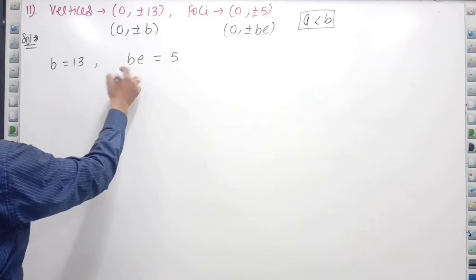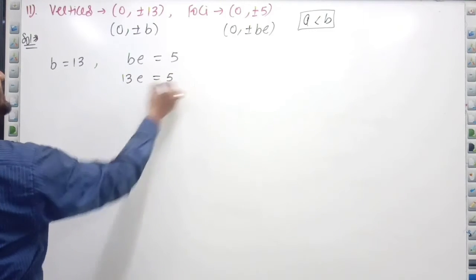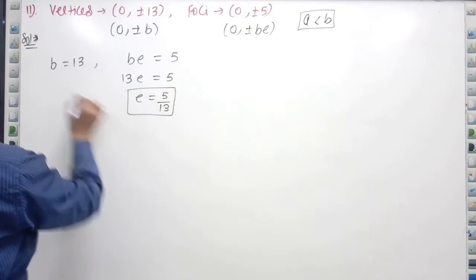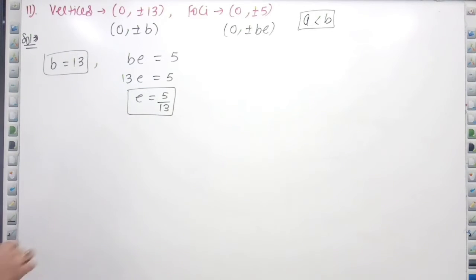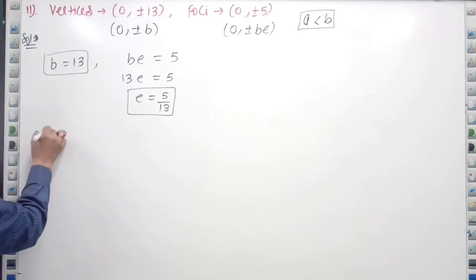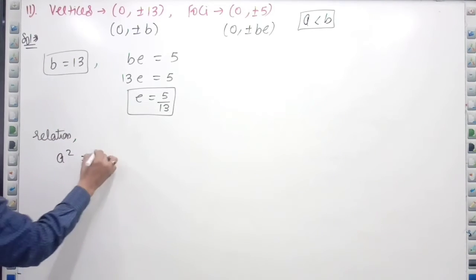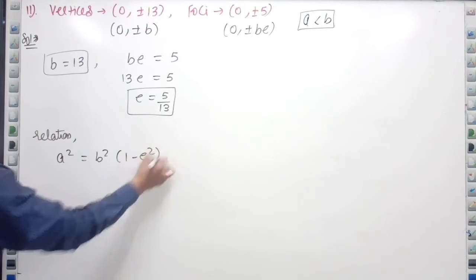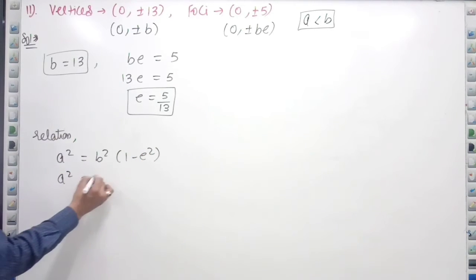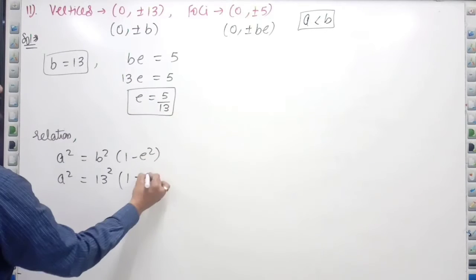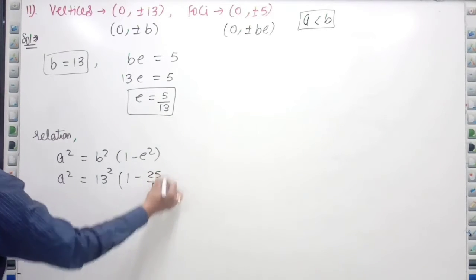If I put 13 here, 13 into e is 5, e is 5 by 13. e is 5 by 13 and b is 13. Now the relation we are having is a square equal to b square into 1 minus e square. b square is what? 13 square, 1 minus 5 by 13 whole square, 25 by 169.